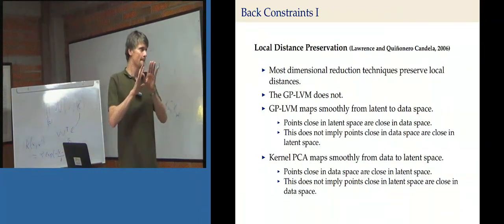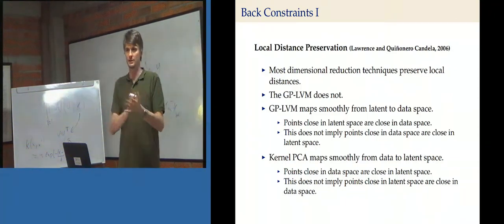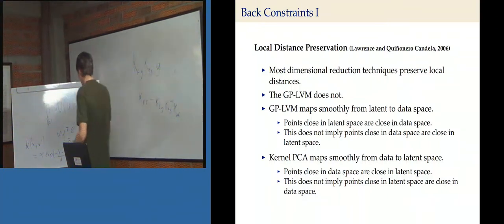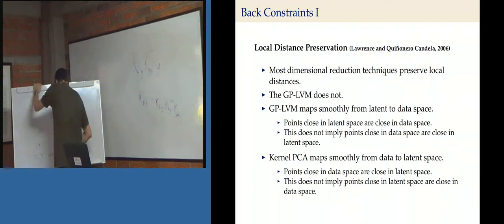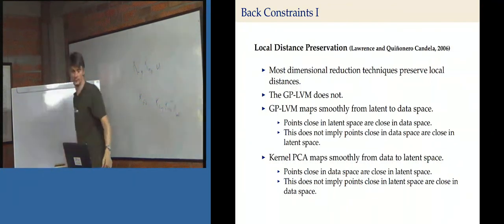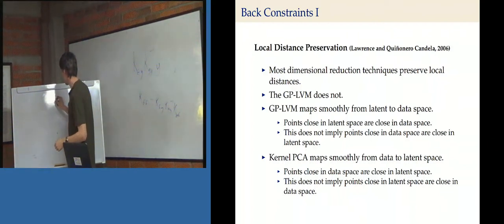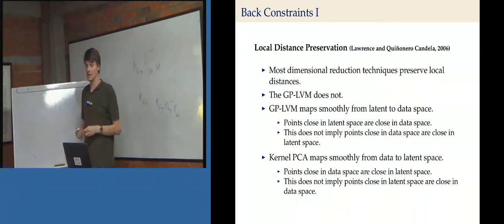Most dimensionality reduction techniques actually preserve local distances. So if I'm doing multidimensional scaling, what I do is I compute some set of distances from y. Let's say dij is the distance, a squared distance I often think of, between two points yi and yj.